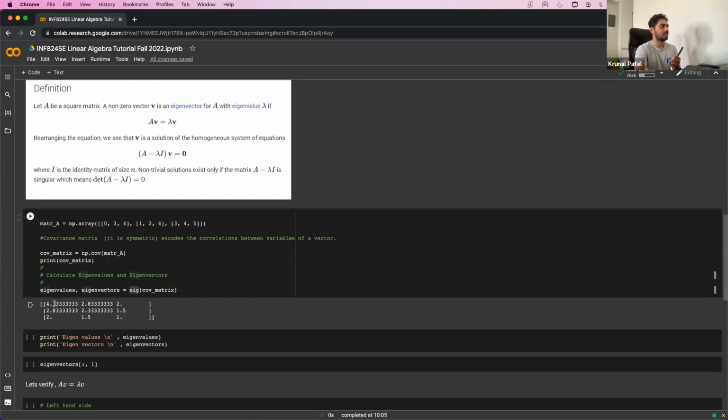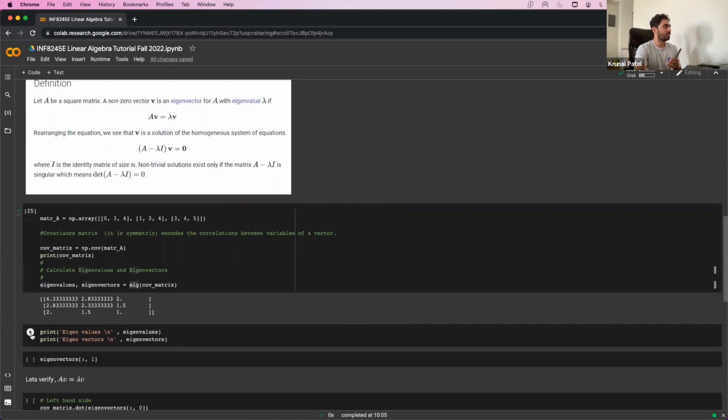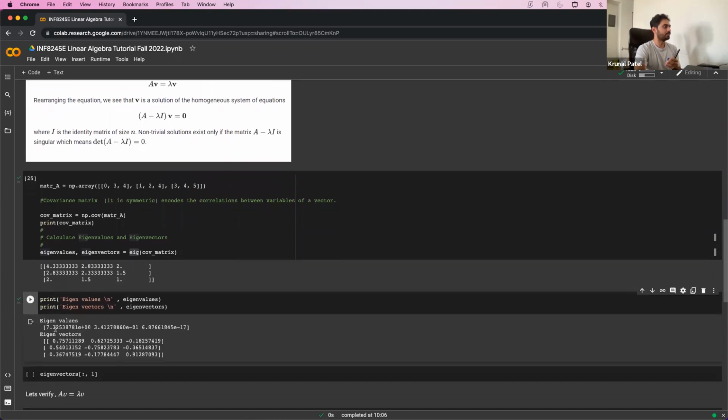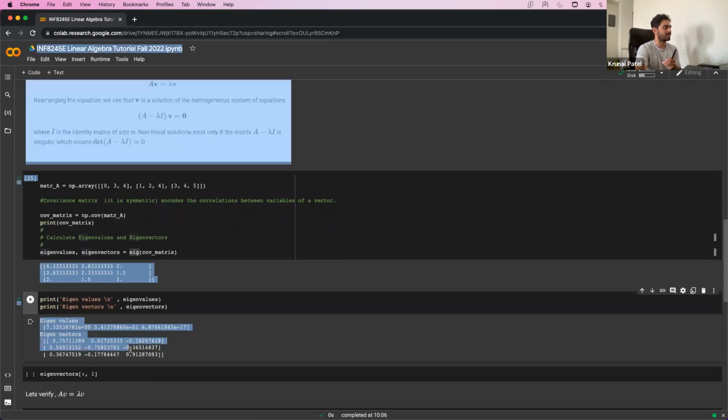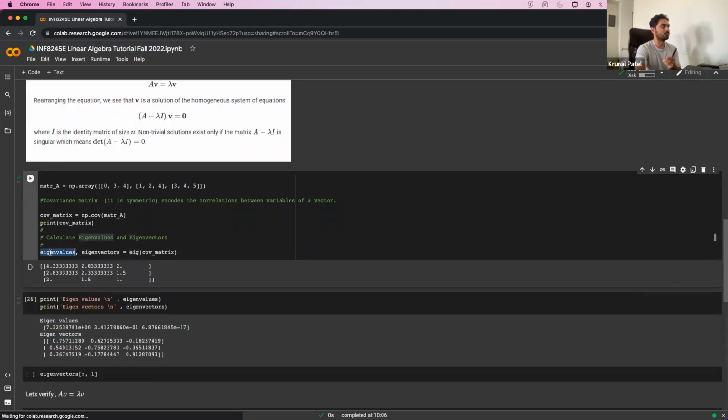So this computes these, which are basically my eigenvectors. It will give you two outputs, one is eigenvalues and the other is eigenvectors, and you can print them. These are your eigenvalues and these are your eigenvectors. Be very careful about that, because there are sometimes numerical issues.